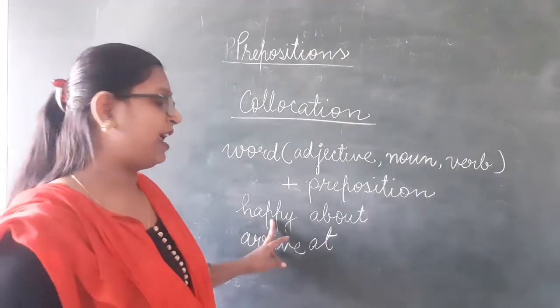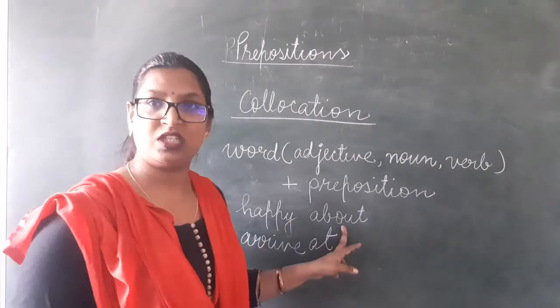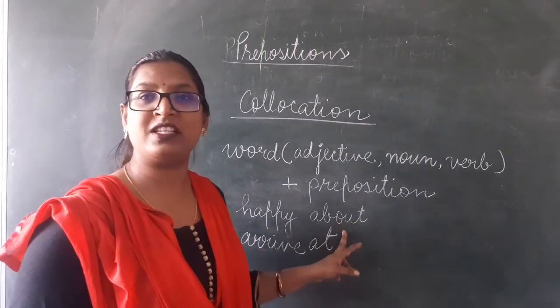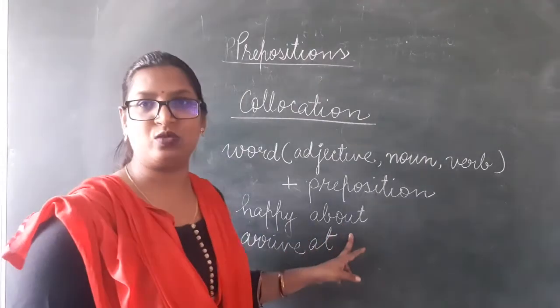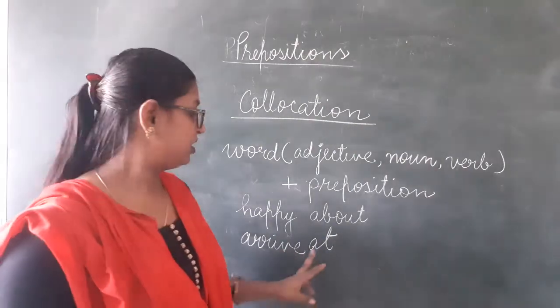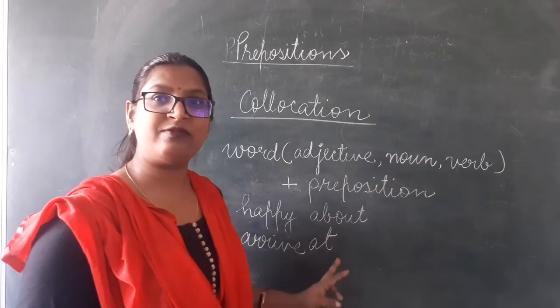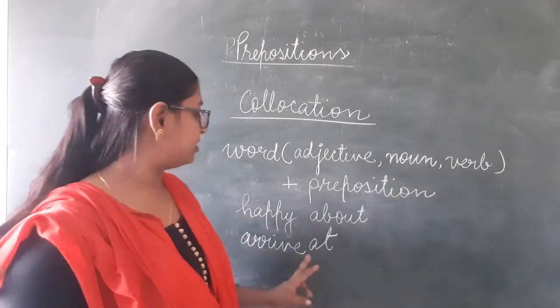For example, happy. Happy is an adjective. About is a preposition. Happy about. Arrive. Arrive is a verb. At is a preposition. Arrive at. He arrived at 5 o'clock. Clear?